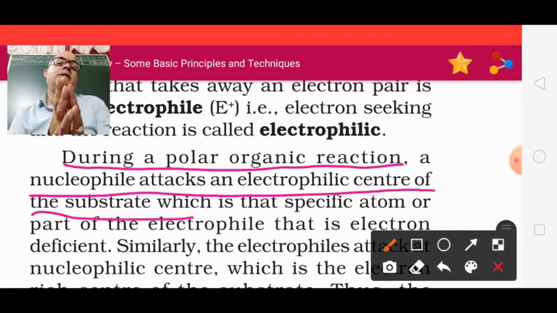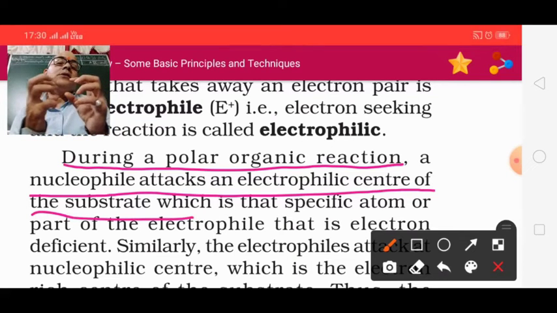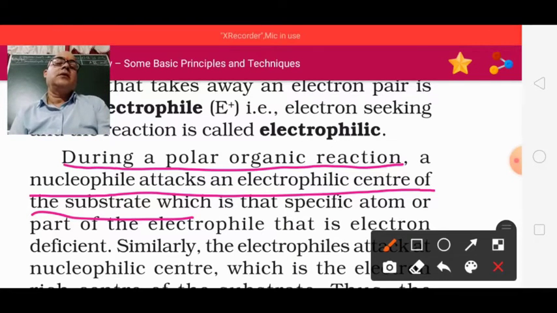Electrophilic center means there is a deficiency of electrons, and since nucleophiles have extra electrons, they attack that side.